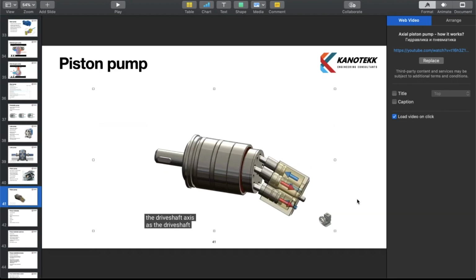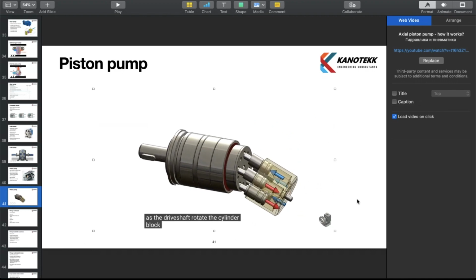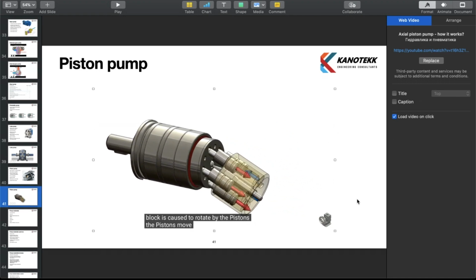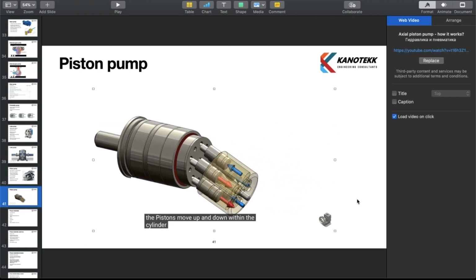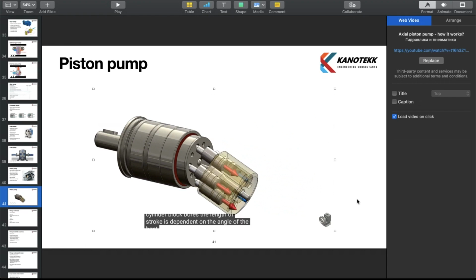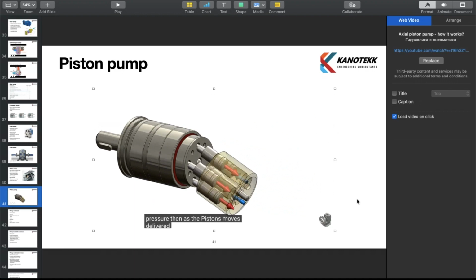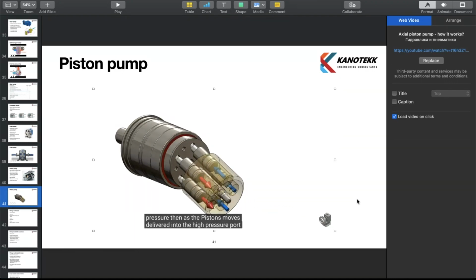As the drive shaft rotates, the cylinder block is caused to rotate by the pistons. The pistons move up and down within the cylinder block bores. The length of stroke is dependent on the angle of the bent axis. Fluid is fed to the low pressure port, then, as the pistons move, delivered into the high pressure port.